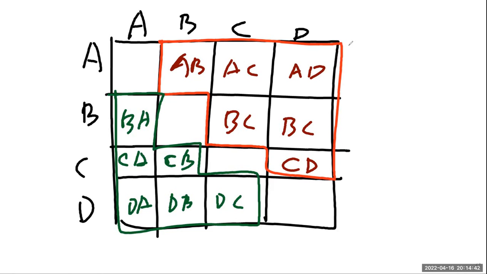Is that okay so far? Damon, is that okay? This is very important, so take your time. The green one is C4 pick 2, and the red one is also C4 pick 2.